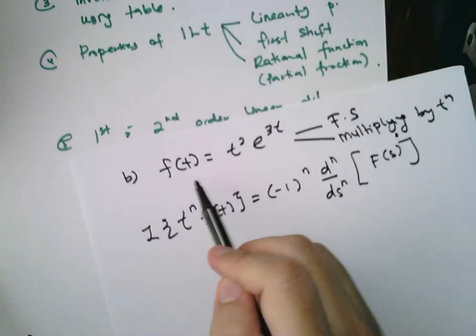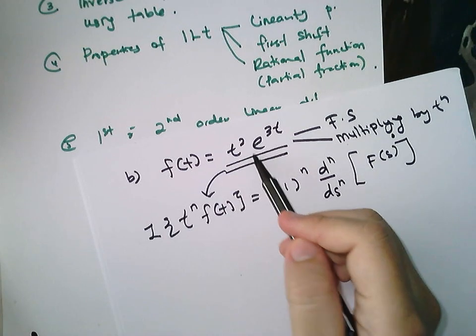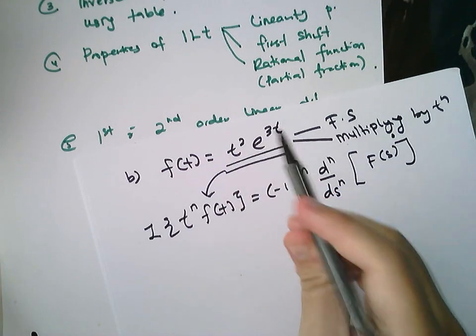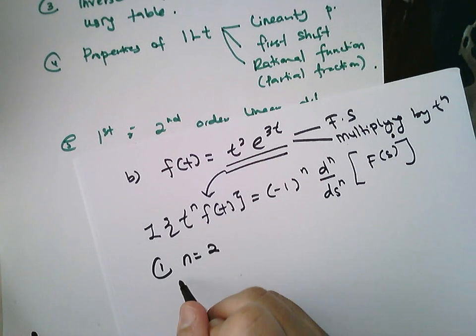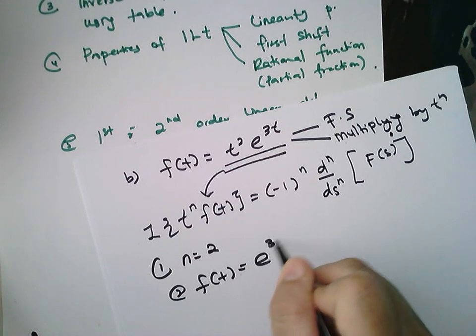By comparing this with what you have, t squared e^(3t), you know that n is equal to 2 and your f(t) is equal to e^(3t).